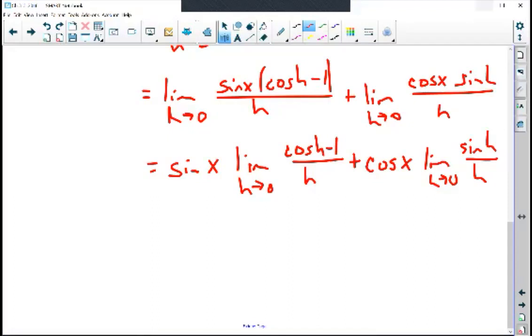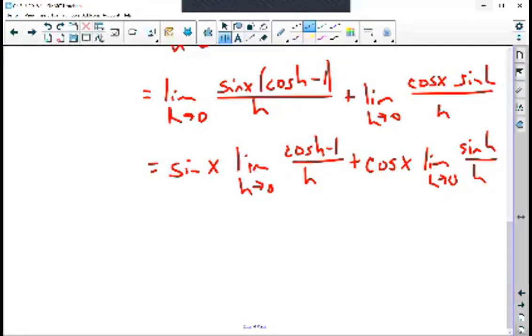And if I plugged in 0, I get cosine of 0 minus 1. Well, cosine of 0 is 1. I'd have 1 minus 1 over 0. And on the sine of h over h, I would have 0 over 0. And we know that that's not good.